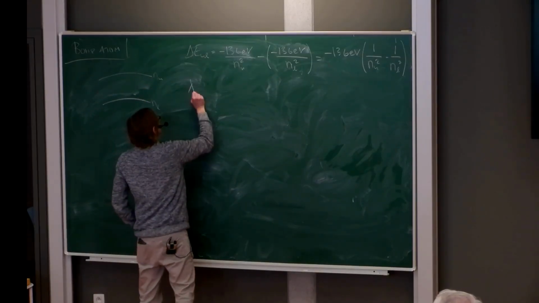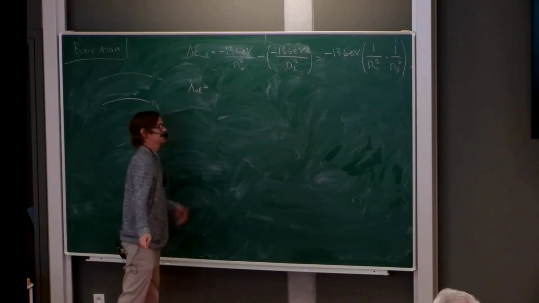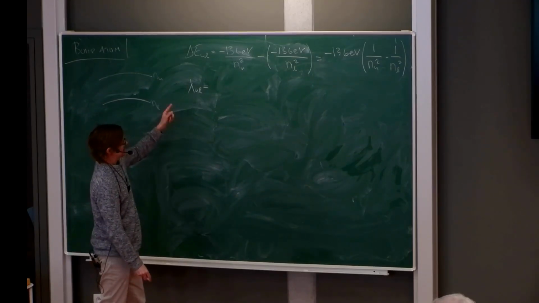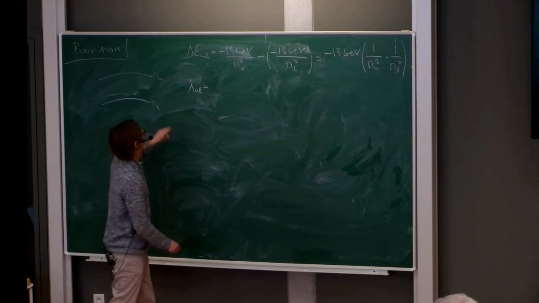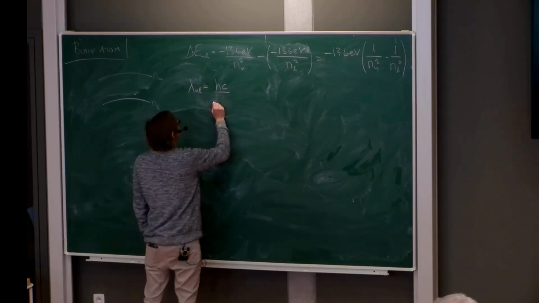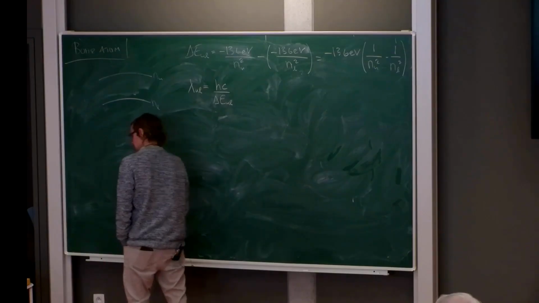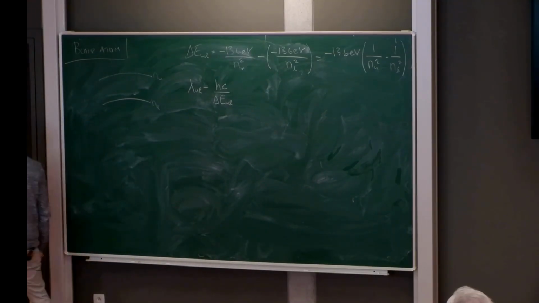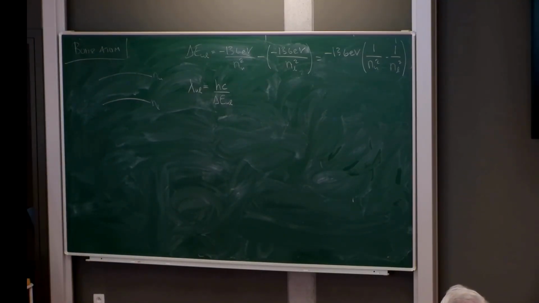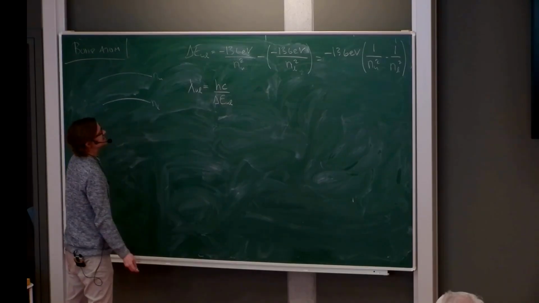So the wavelength lambda UL must be hc divided by delta E UL. So let's look at some.